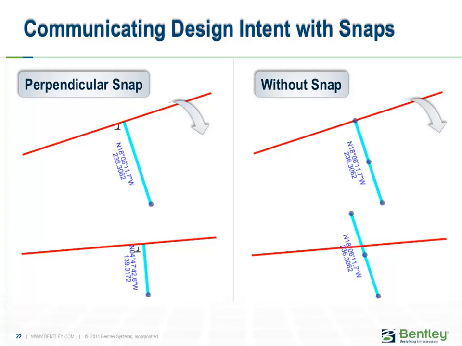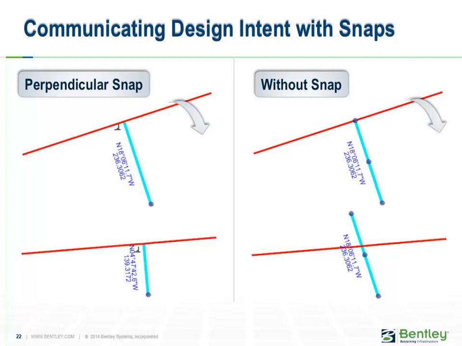MicroStation snaps are a very powerful way to communicate how elements are related to one another. By snapping one element to another, we communicate our intent that these two elements always remain joined. Or we could use perpendicular snap to communicate our intent that one element is going to be perpendicular to another element. For example, consider a side road center line that intersects a main line.